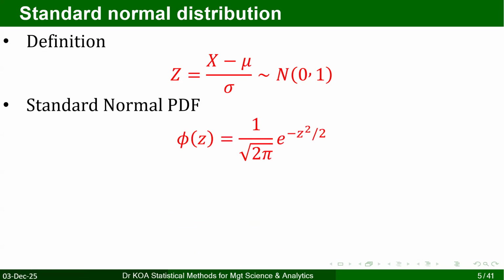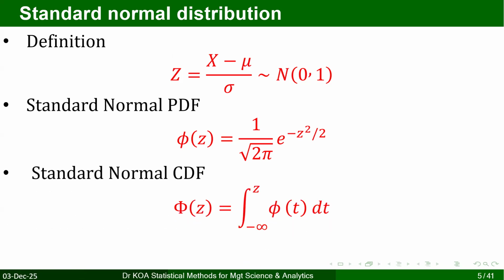Once you have that standard normal, you can use that standard normal definition to find the probability density function of a particular standardized value. So we can find the probability density function for the z value. And this is given by this formula. Of course, we also have the cumulative distribution function, which is the integral of the value from negative infinity to the actual z value in question.